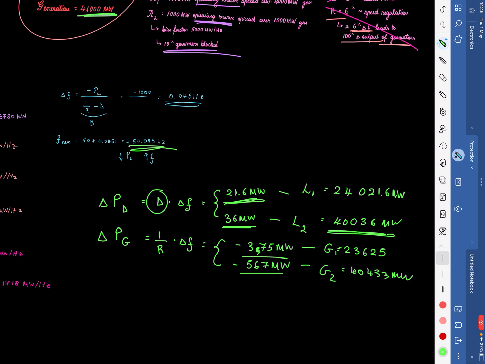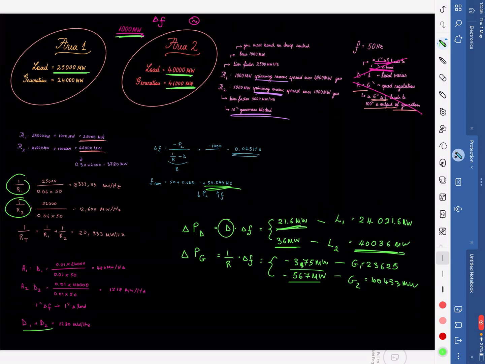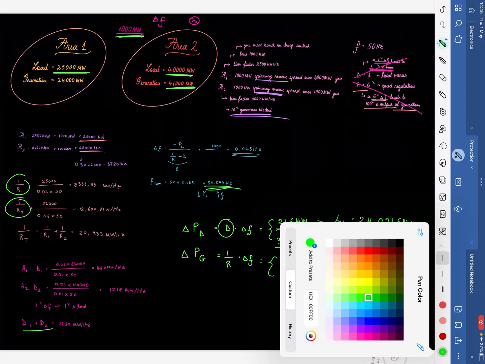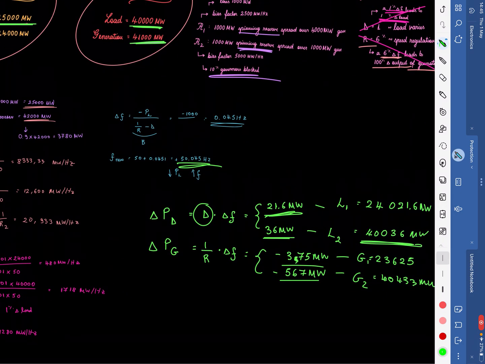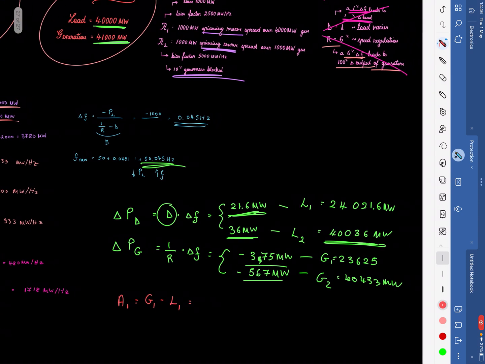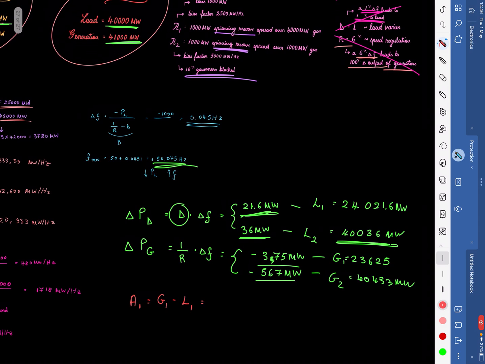So yeah, now one more thing we can find out, tie line losses. So for area 1, we're going to have the generation minus the load. So generation area 1 minus load, you're going to be left with 396.6 megawatts missing because it's minus.